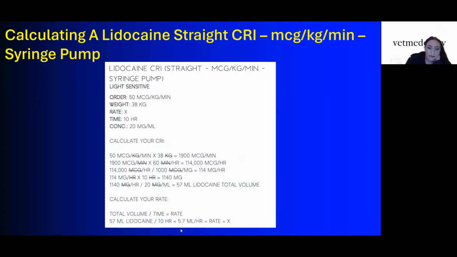Calculate your rate. Total volume divided by time equals rate. So 57 mils lidocaine divided by 10 hours equals 5.7 mils an hour for our rate.